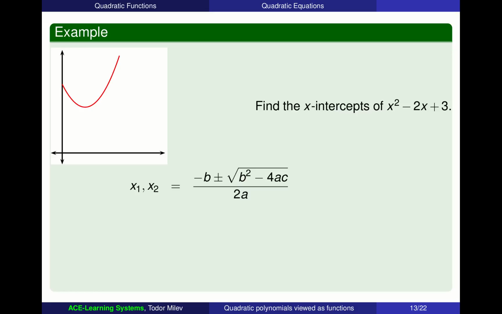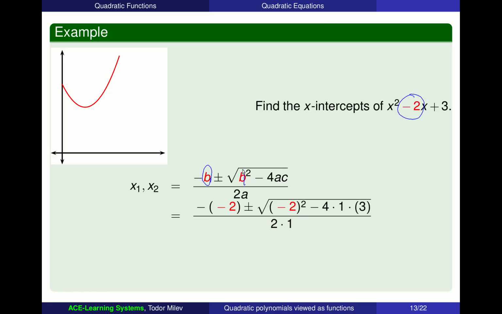We know that the x-intercepts, so the solutions of our quadratic equation, are found by the formula minus b plus or minus radical of b squared minus 4ac divided by 2a. What's b equal to? Well, b is equal to negative 2. Careful here, this minus has got to stay in front of the parentheses.